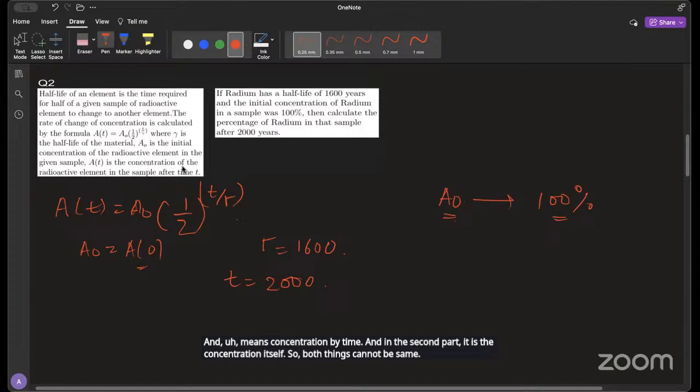There is a misprint, I think. Yeah, it's actually the concentration of the radioactive element in the sample after time t. So that must be a misprint then. Yes, sir. It's corrected. Okay, thanks.